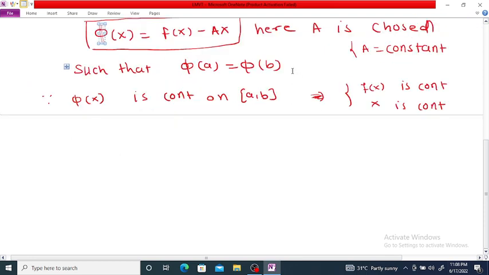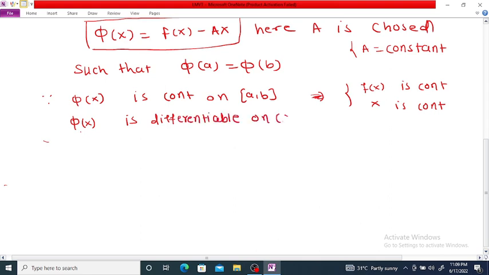Next, phi of x is differentiable on (a, b). Why is it differentiable? Again, since f is differentiable and x is also differentiable, their difference is also differentiable.